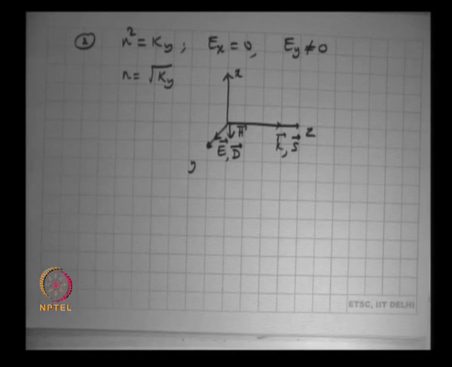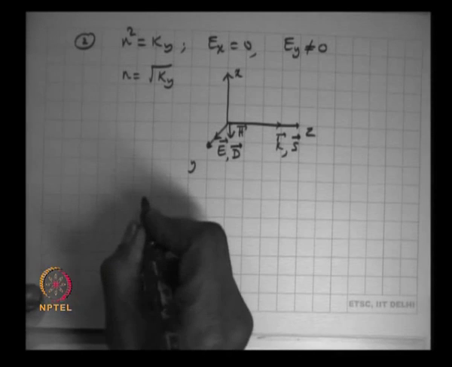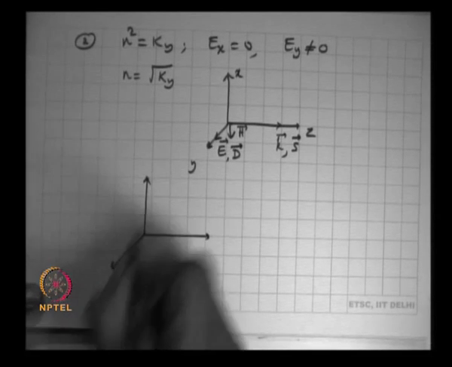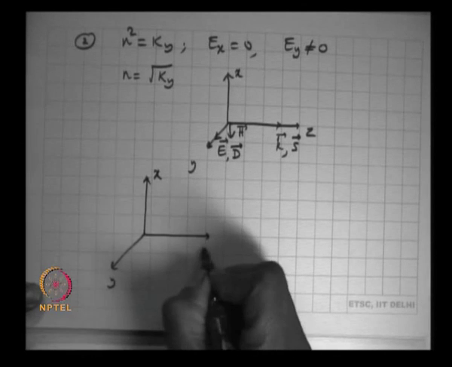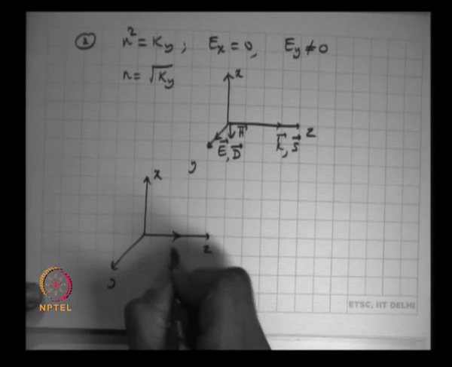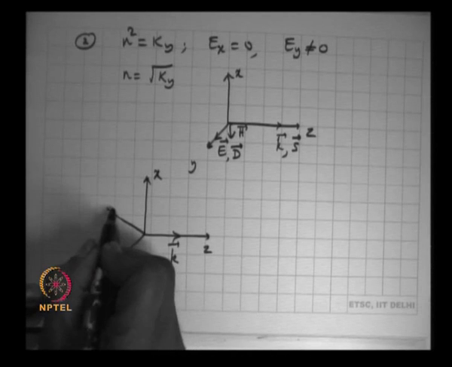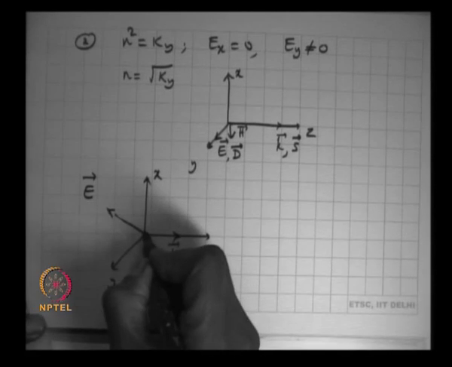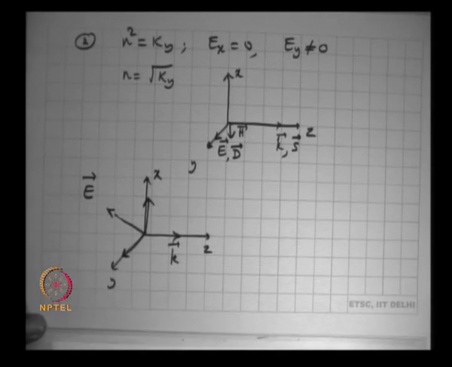If you choose an arbitrary direction of E vector, so if my x is like this, y like this, z like this, and if my propagation is like this, and if I happen to choose an E vector like this, what would I have to do? I have to break this up into this component and this component.